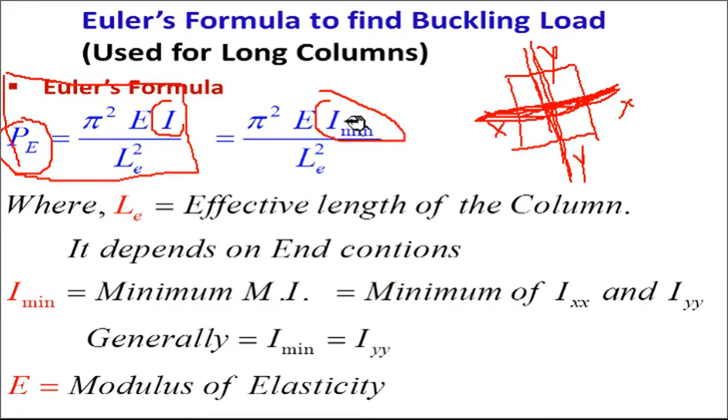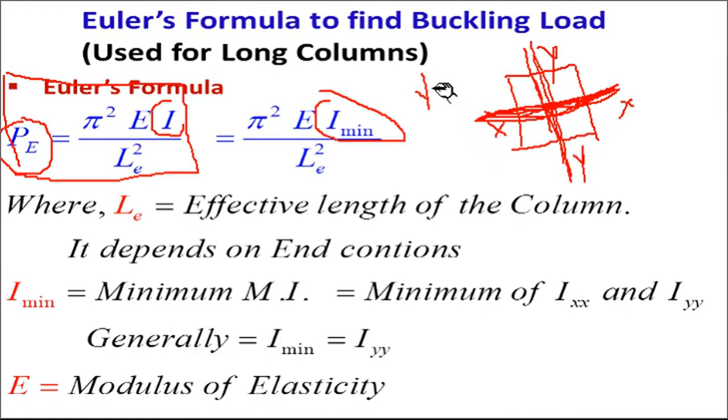Whenever the column is safe for the minimum radius of gyration, definitely it will be safe for the maximum radius of gyration. Suppose a 100 kilonewton load is acting on the column; that 100 kilonewton should be sustained about both the axes.